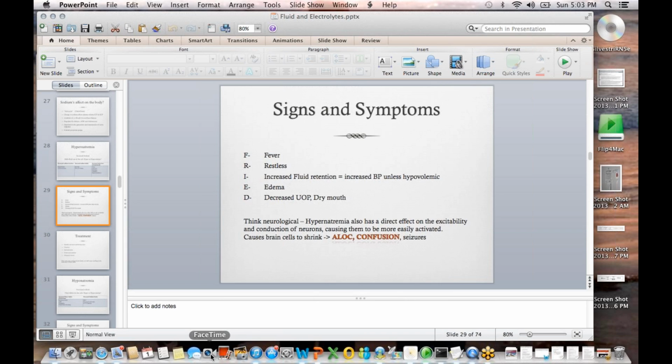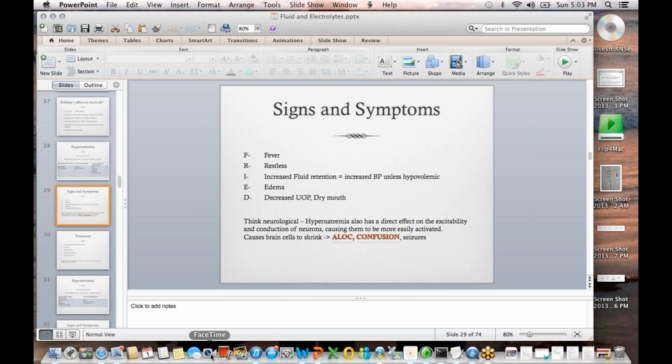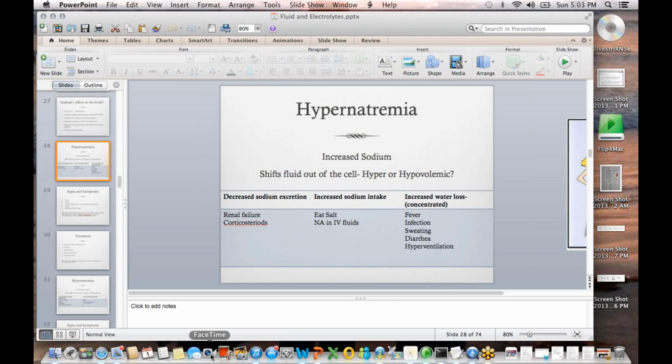Signs and symptoms. You want to think about how this is going to affect the brain because the sodium affects the conduction of your neurons and they're easily activated. So if you have high sodium, you're going to have seizures, confusion, signs and symptoms of fluid volume overload.